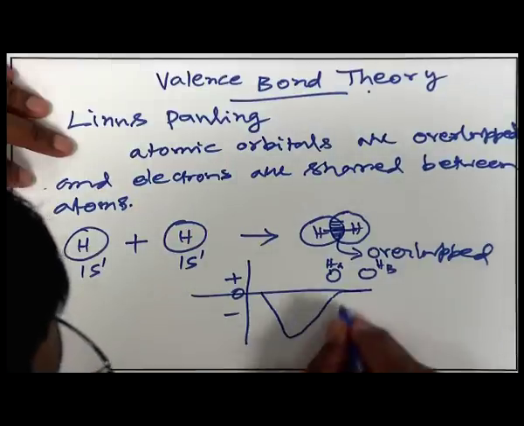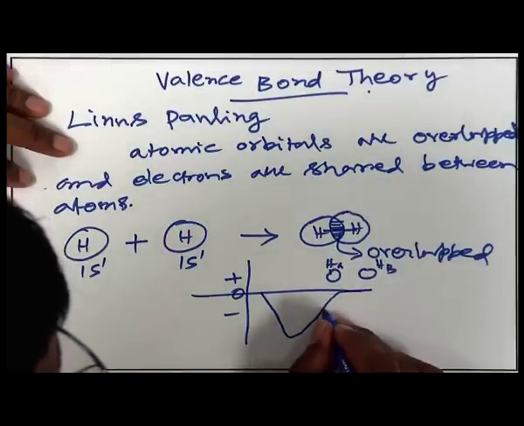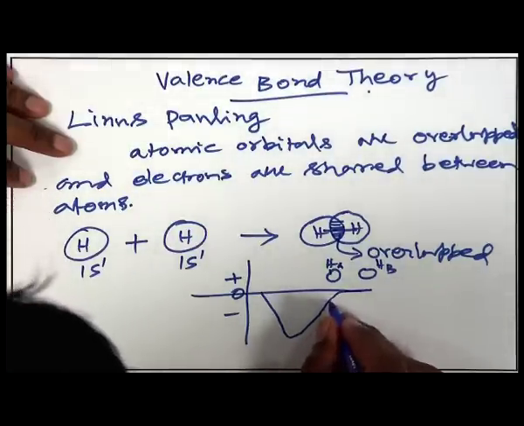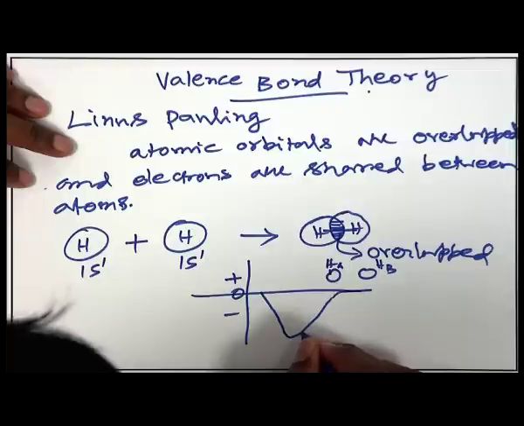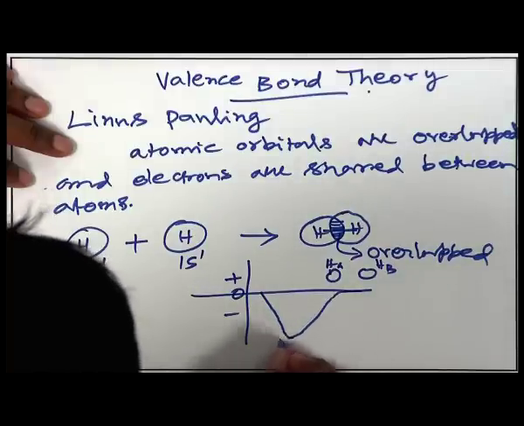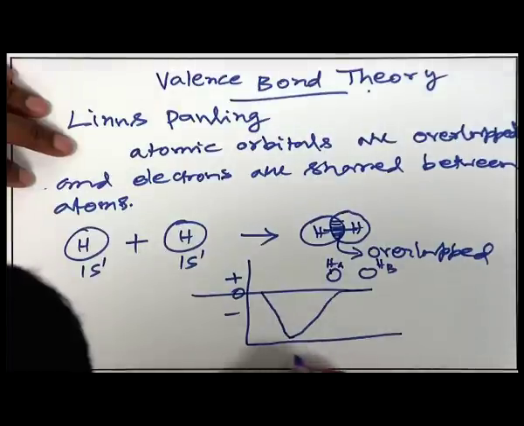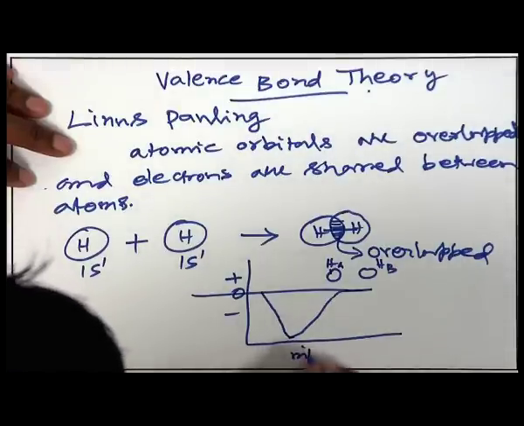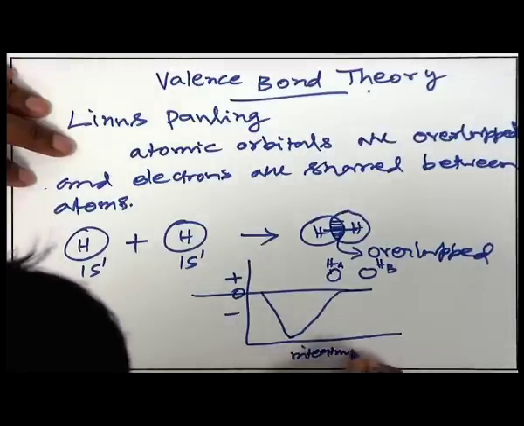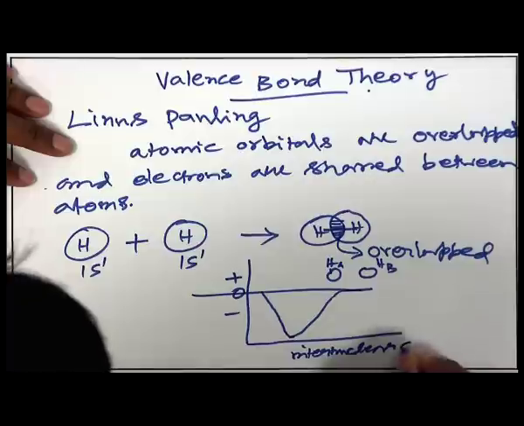As they get closer in, they attract each other, that is why the energy is decreasing, becoming negative and then reaching the minimum. This axis is the internuclear distance.